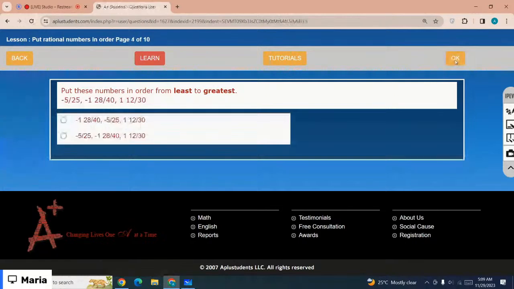Okay, the next one is put these numbers in order from least to greatest. Negative 5 over 25, negative 1 whole 28 over 40, and 1, then 1 whole 12 over 30. You have to arrange from least to greatest. So which is the correct option?